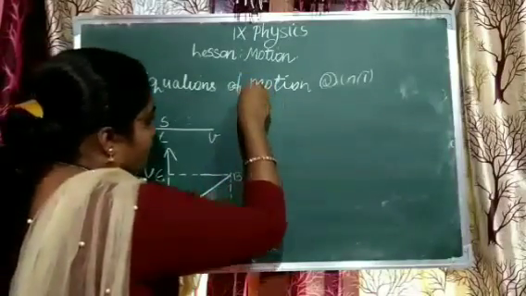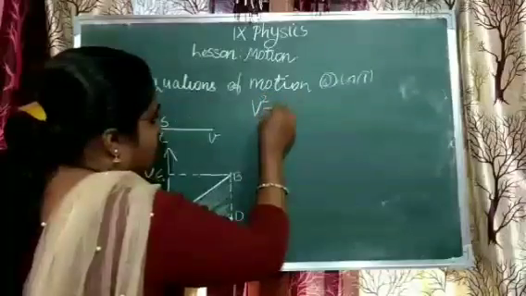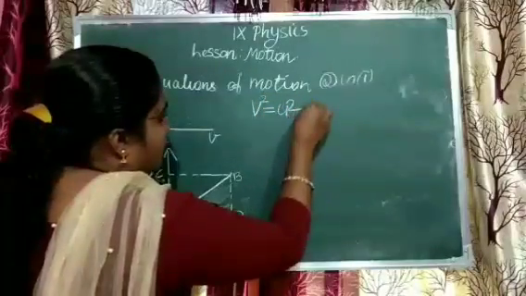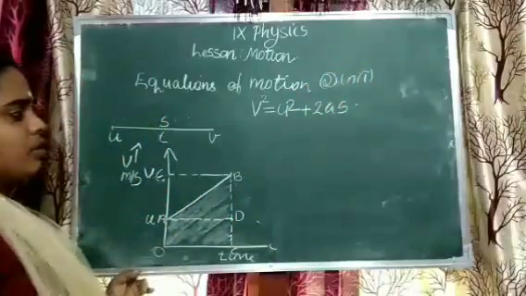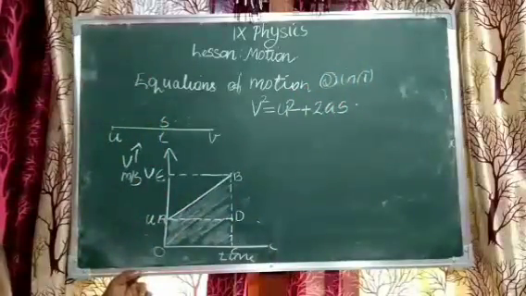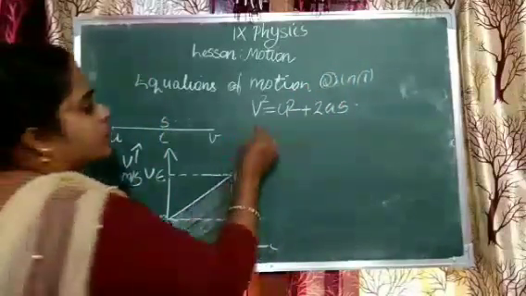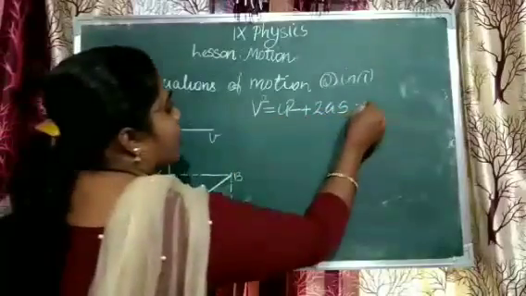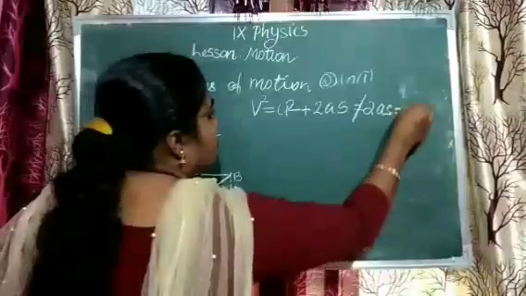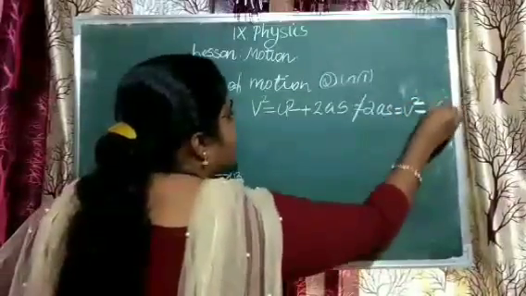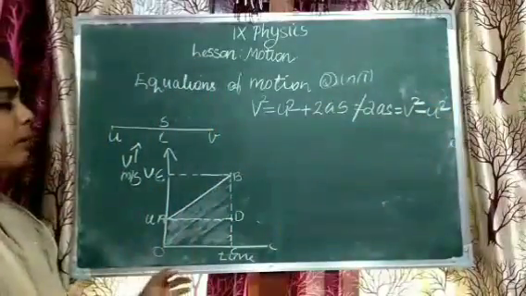Last relation, V square equal to U square plus 2AS, or we can write 2AS equal to V square minus U square. Okay, so anyone you can consider.